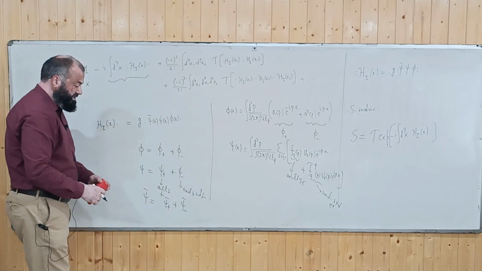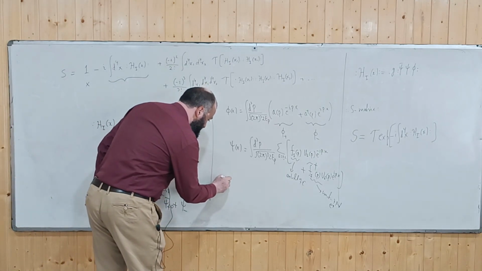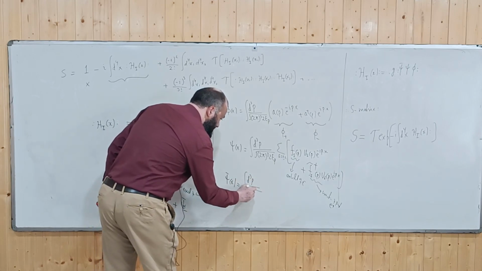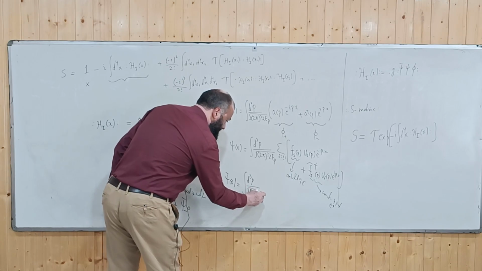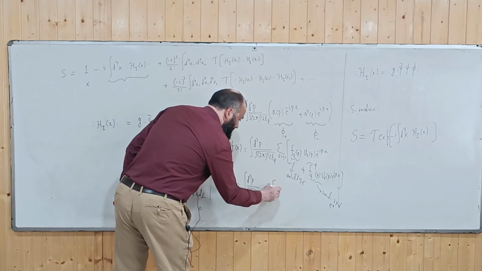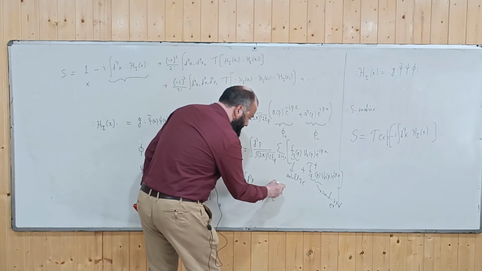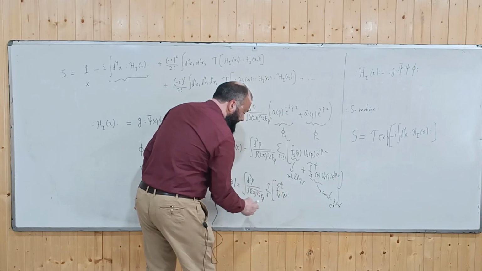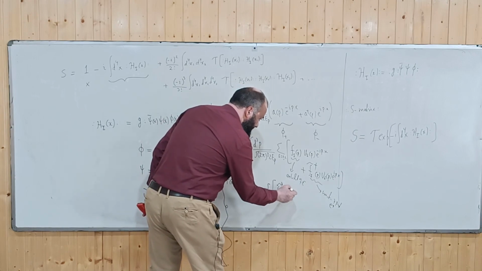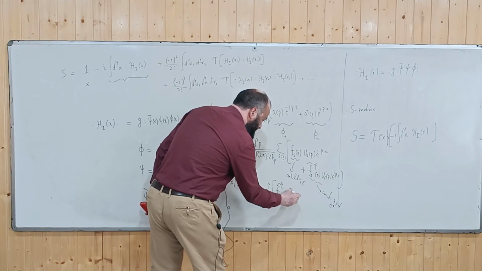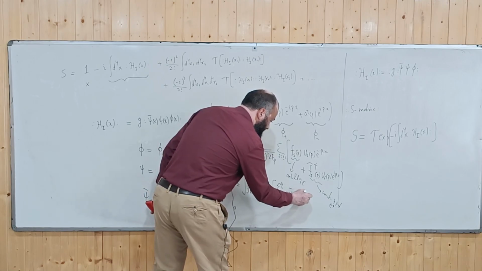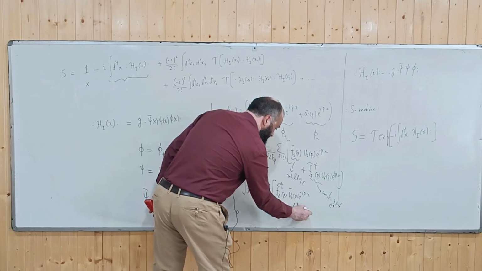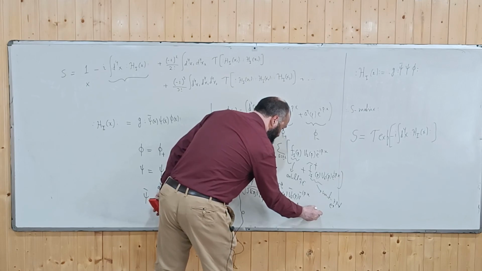Okay, psi bar plus, if I take now psi bar, so let me write this psi bar of x. So it is d3p divided by root of 2 pi cube twice EP, summation over s. If you remember, it's actually d tilde_s of p v bar_s of p e raised to minus i p dot x plus b dagger_s of p u bar_s of p e raised to i p dot x.